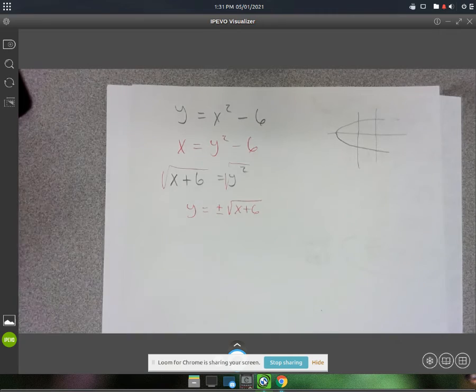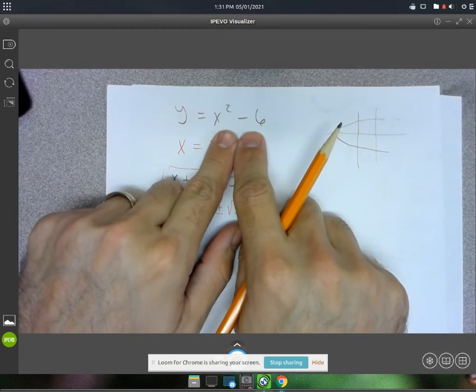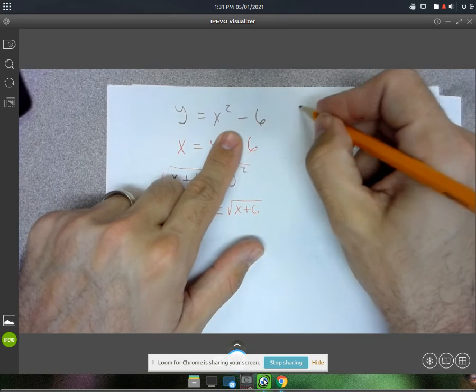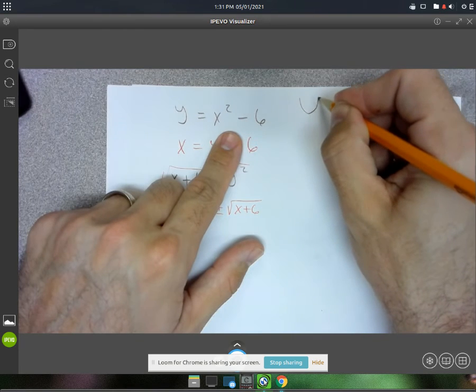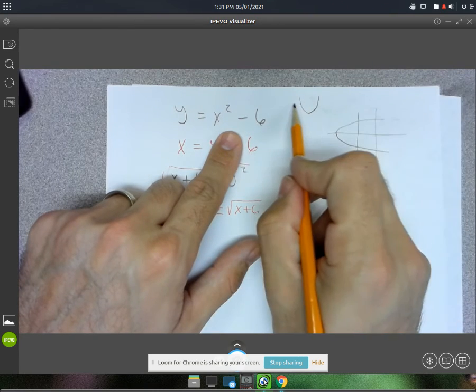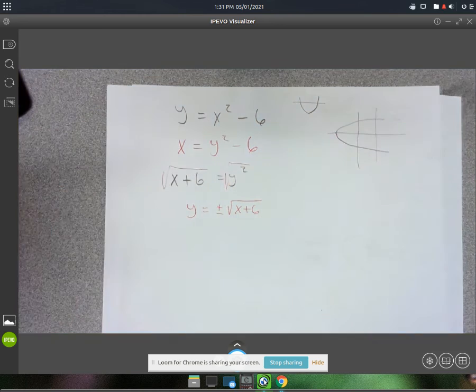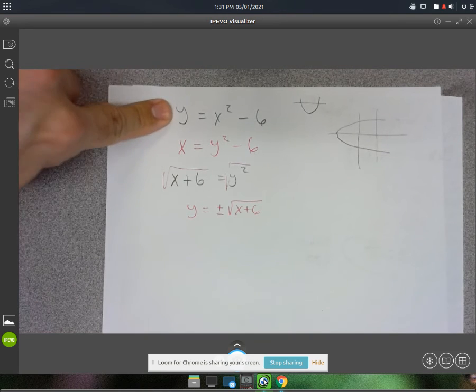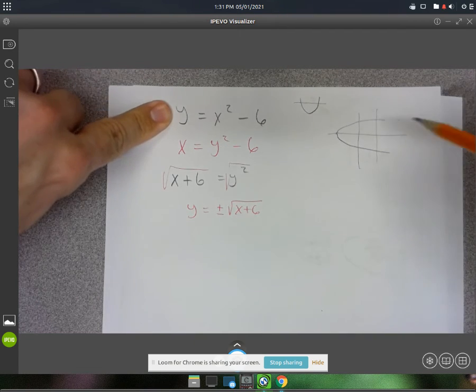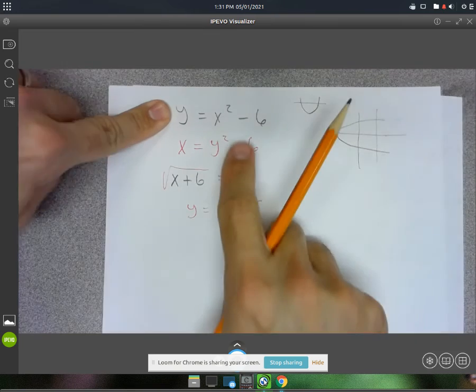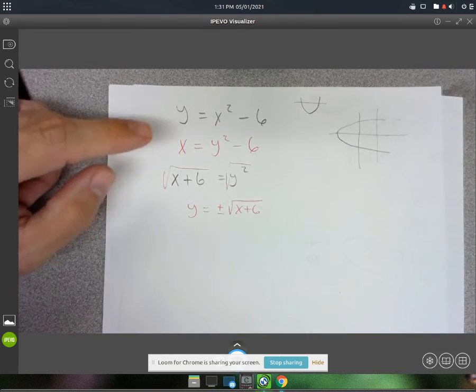I guess it's always going to be true for quadratics, because every quadratic opens up in a U shape, and therefore it fails the horizontal line test. So that's always going to be the case. That's an important thing. The inverse of every quadratic will fail the vertical line test.